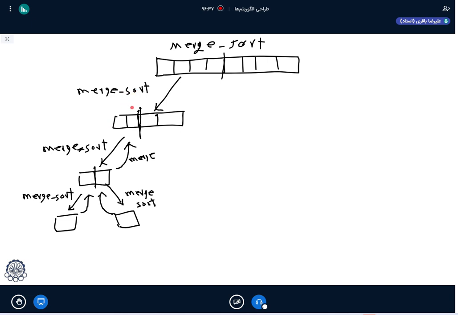Okay, in the upper function, when we return from the first call, we should call the second. So merge sort is called for the second part, which has two elements. For these two elements, merge sort is called.